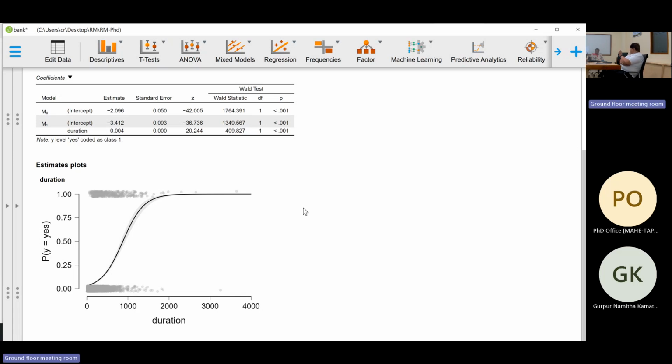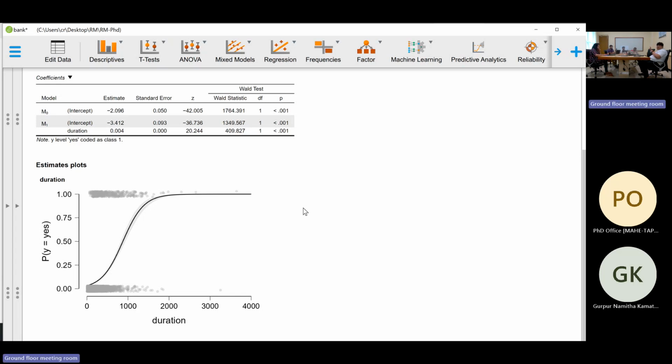We are not talking about the actual value of y, but the probability of y achieving a particular level. Y has two levels: either the person has taken the term deposit, yes, or not taken it, no.